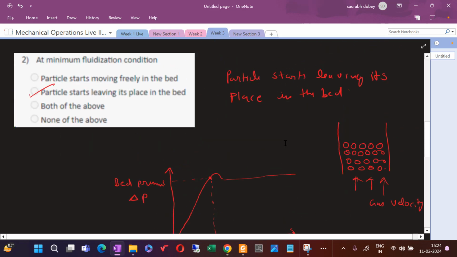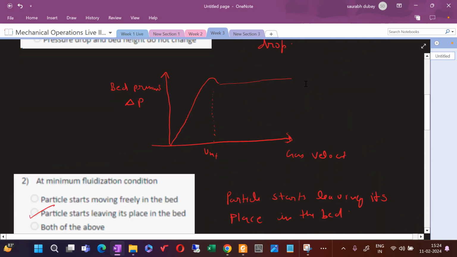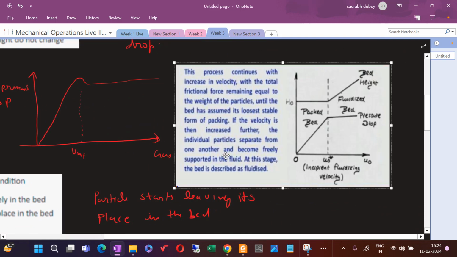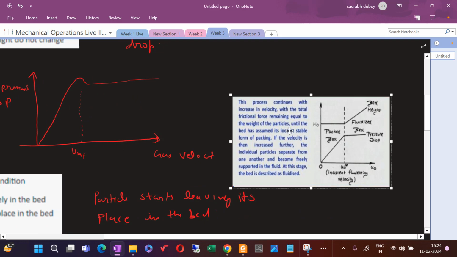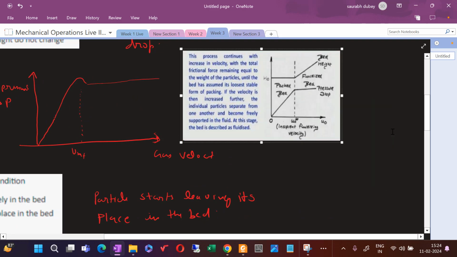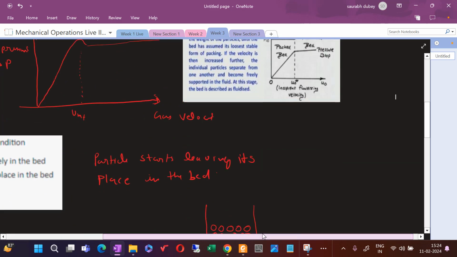So the first question could be explained through this diagram also: the bed height increases at constant pressure drop, but the height was constant when the pressure drop was increasing linearly with the velocity. So that is all for these two questions.